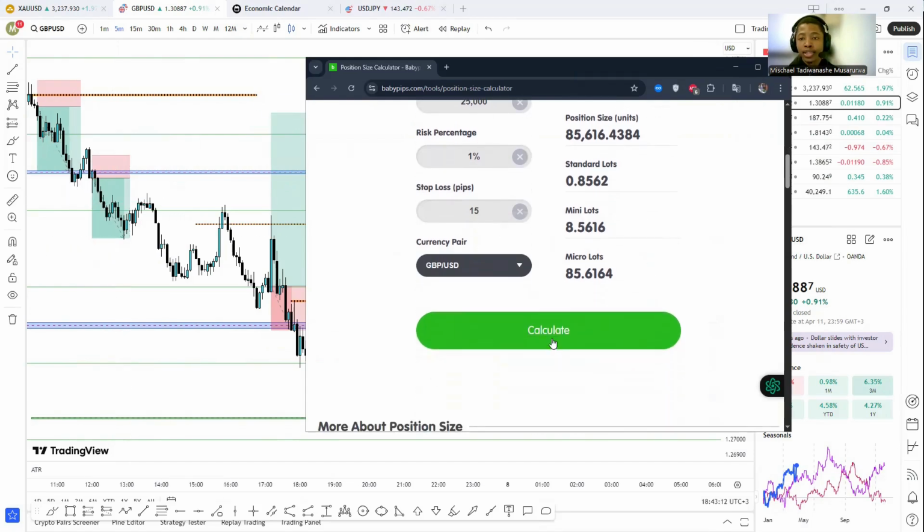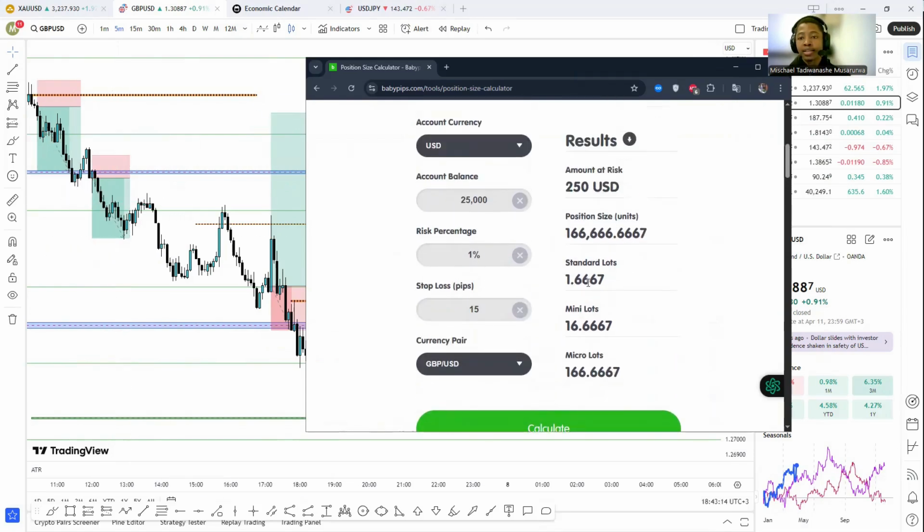Then I'll calculate my standard lot, which is 1.6 or 1.7. Let's just round it upwards and it will be 1.7. So when you are now entering a trade, what pips is your stop loss? It is seen here. If you put your position on TradingView, it will show you the number of pips.